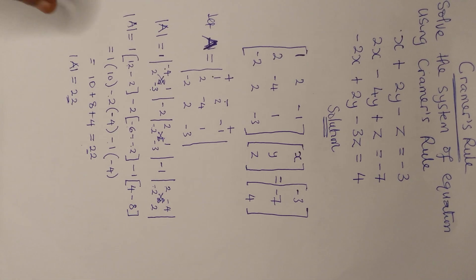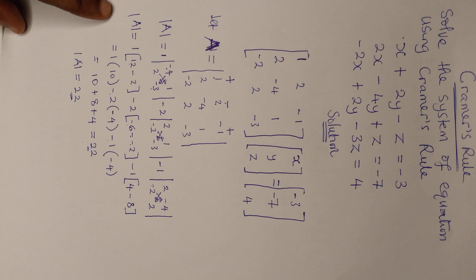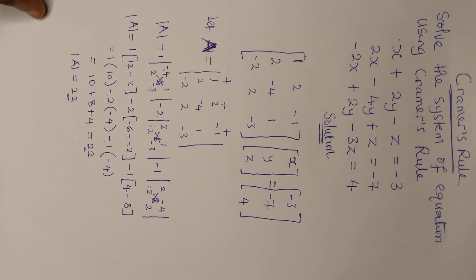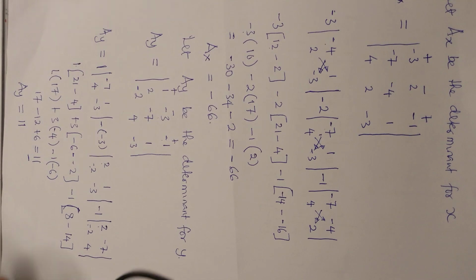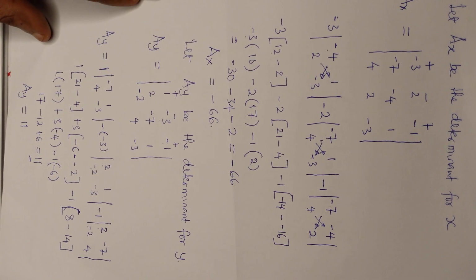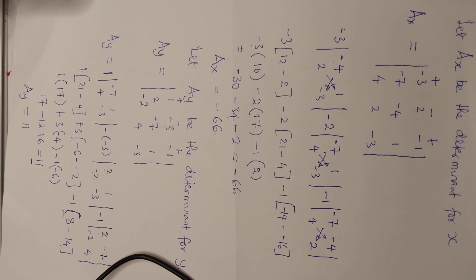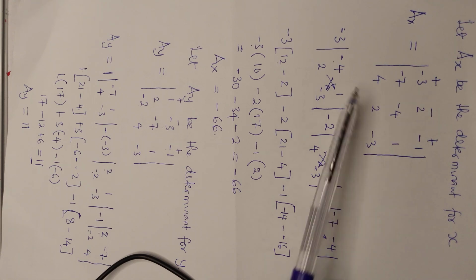After finding the determinant of the matrix, we had to find the determinant of x. So this was how we were able to determine the determinant of x. And so I said, whenever you want to find for x, you replace x by the value in the right hand side. And so that was why we replaced it with this.